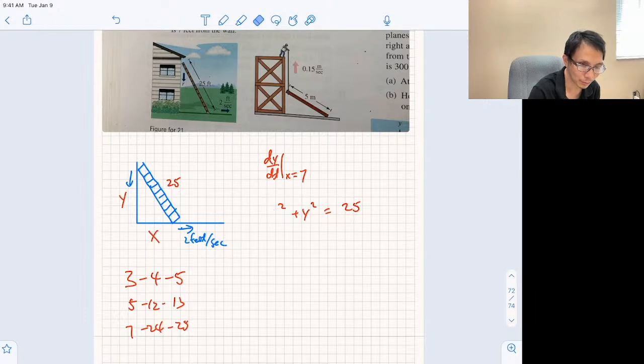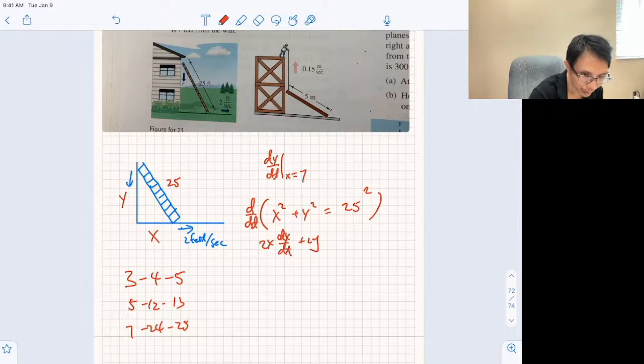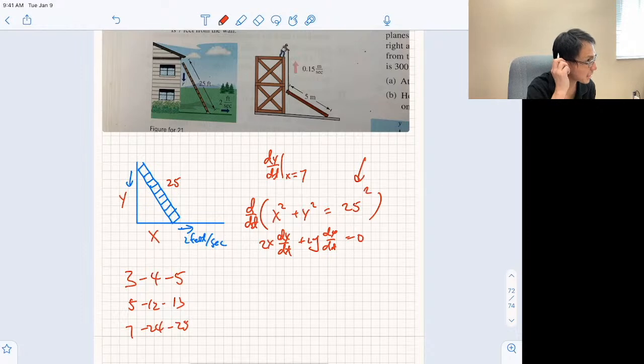Because when you take a derivative with respect to time, what will happen? 25 squared, yeah. 2x dx/dt, right? Plus 2y dy/dt. Does that make sense? And that's equal to 0, because the length is not changing. It's always 25. It does not change. So this is going to be something that's going to help you a lot. Okay?